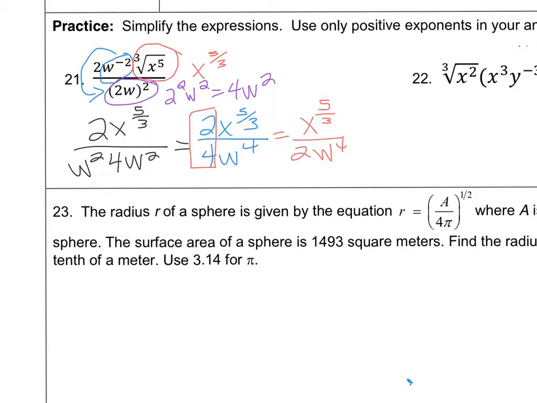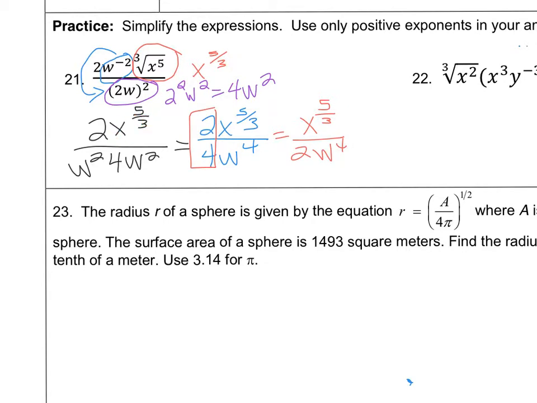Okay, so on number 21, I just took it one little piece at a time. I moved my w with the negative exponent down to the bottom. That's right here. My 2 I did nothing with, I just left him up here on the top. Then I worked on this puzzle piece right here and rewrote him as a rational exponent, so he's right there.